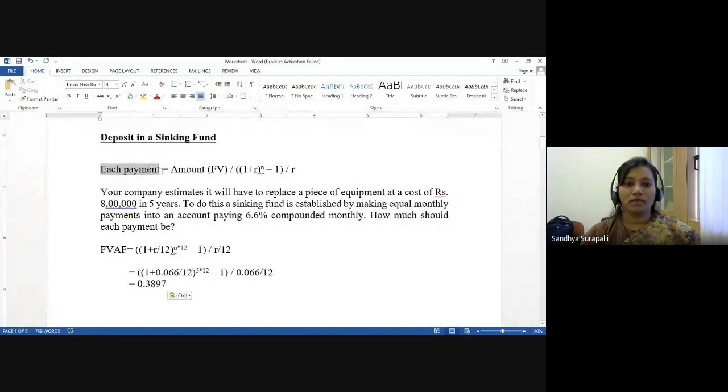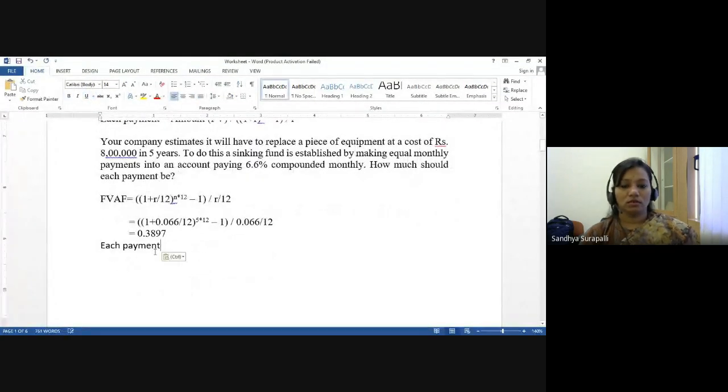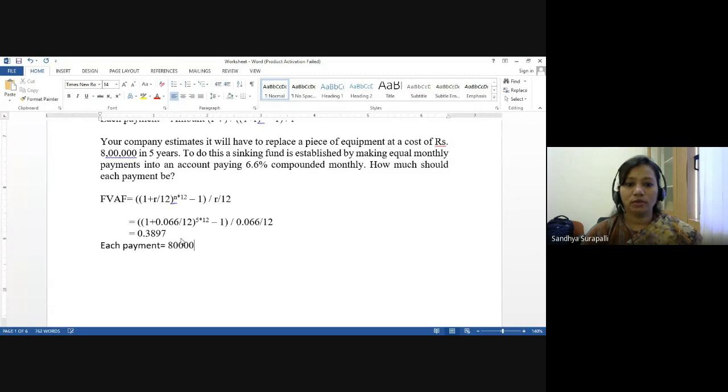So each payment will be equal to how much? What is the cost of equipment, how much do they need after 5 years? 8 lakhs, ma'am. They need 8 lakhs. So 8 lakhs rupees divided by this factor, 0.3897. Okay.